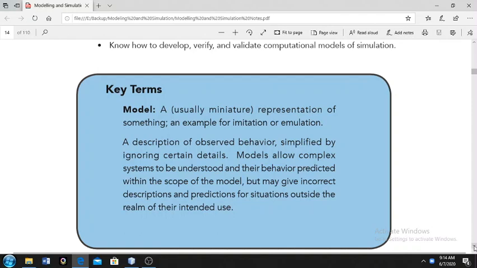Like in the construction domain, before you build a house, you have to design the plan. So the plan of the house is a model. It simplifies the reality, because the reality is the house.